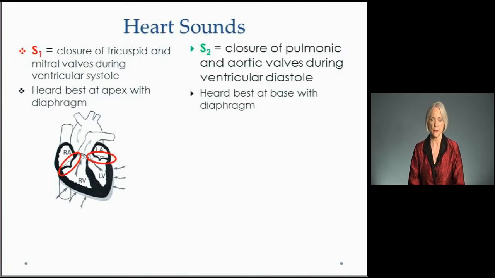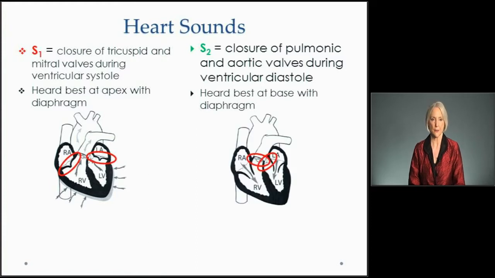The S2 heart sound is closure of the pulmonic and the aortic valves at the beginning of ventricular diastole. So when the ventricles relax, the pulmonic and aortic valves need to close so that blood doesn't come backwards into the ventricles as they're trying to fill.